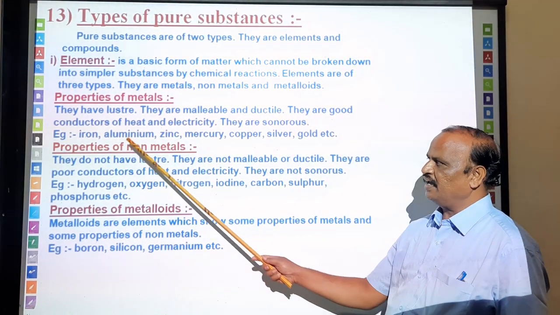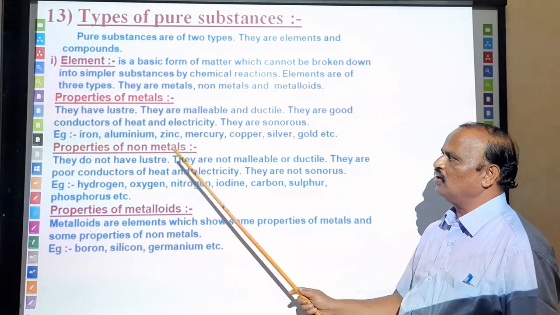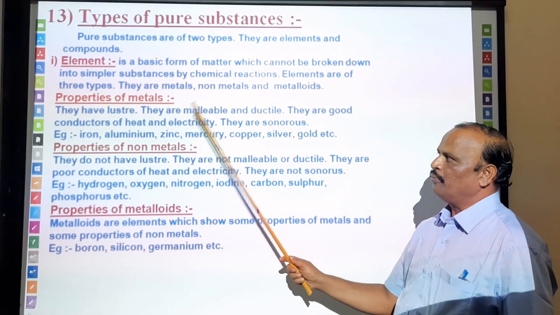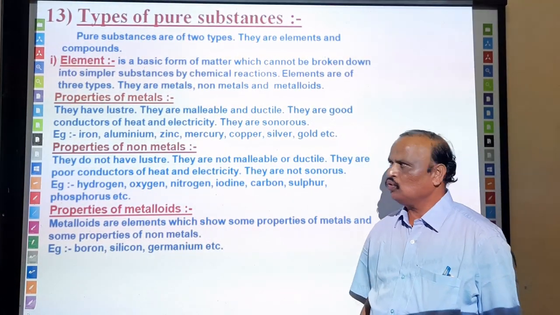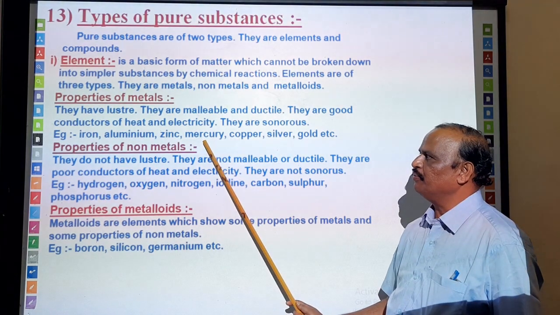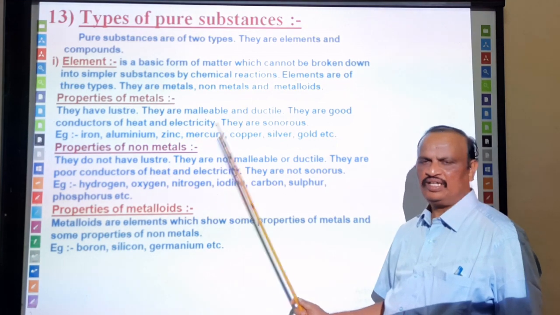Metals like iron, aluminum, zinc, copper, silver and mercury all exhibit these properties. Among the different metals, mercury is the only liquid metal; all others exist in the solid state.